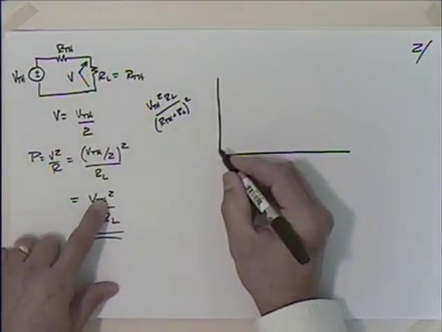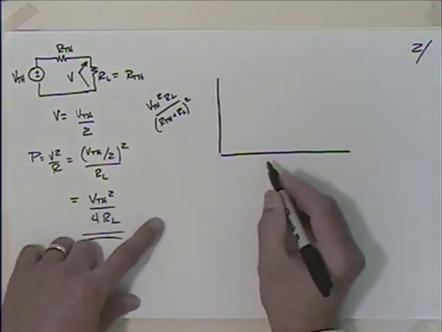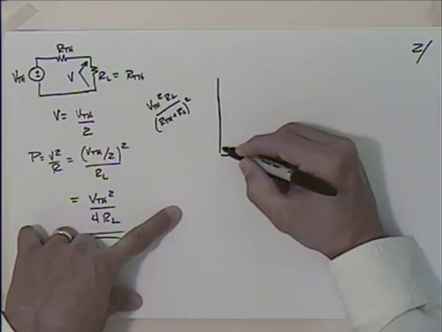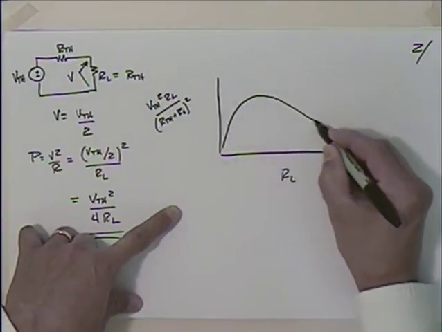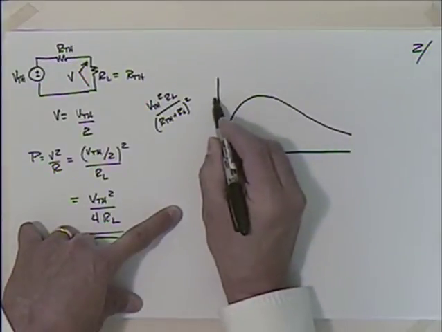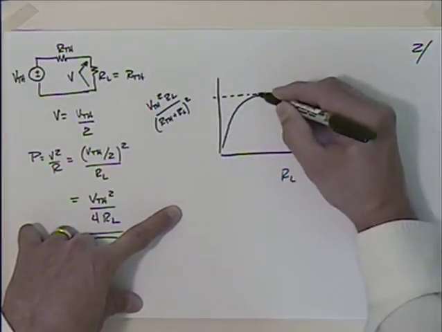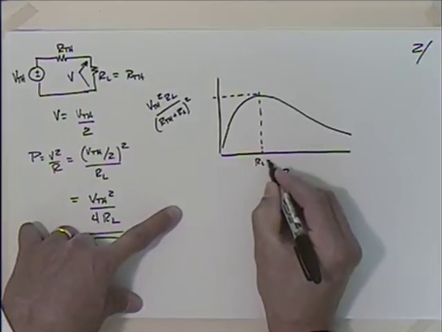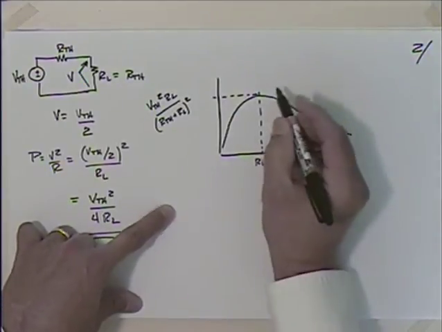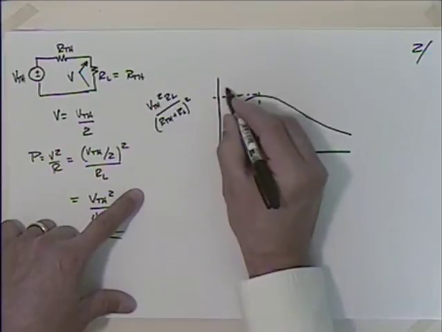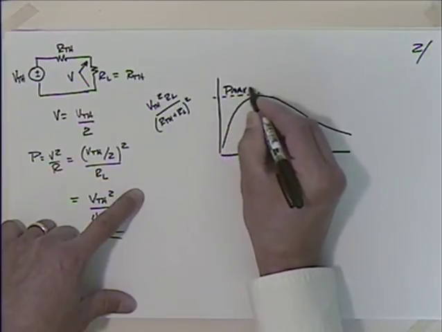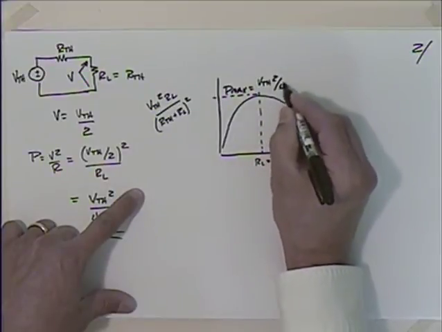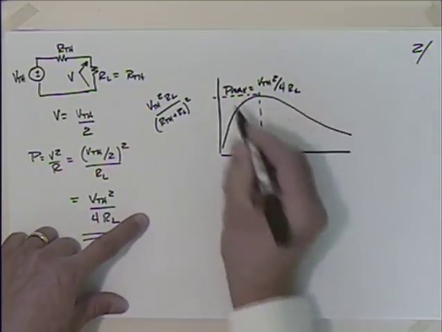If you look at graphing that, you'll find a graph that looks something like this, where it comes up to a maximum value here, and that maximum value hits when RL is equal to R Thevenin, and that has a maximum value that is equal to V Thevenin squared divided by 4 RL.